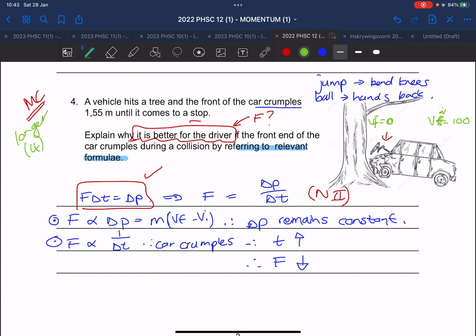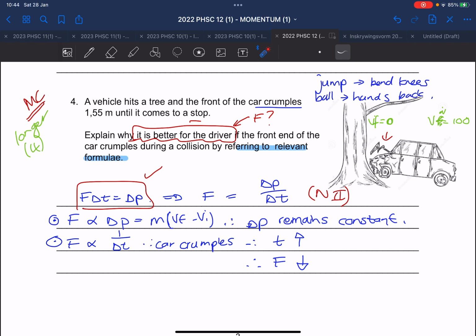The beginning and the end velocity will be the same. And in grade 12, we're going to accept that the mass will remain constant. So the crash is not that big that a tire flies and a window falls out and whatever. So the mass of the car remains the same. So if this is the same, this is the same, and this is the same, then because delta p remains constant, it will have no effect on the force.